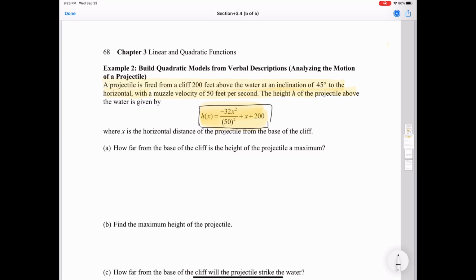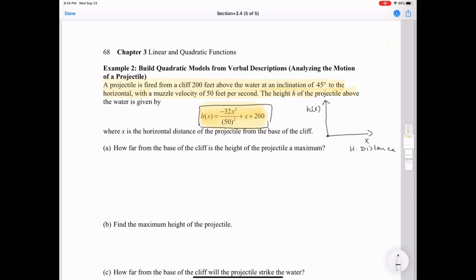As we talked before, the independent variable is x, which is the horizontal distance of the projectile from the base of the cliff, and the dependent variable is the height, h of x, of the projectile. If you throw something in the air, it's going to go in a parabolic path and hit the ground.